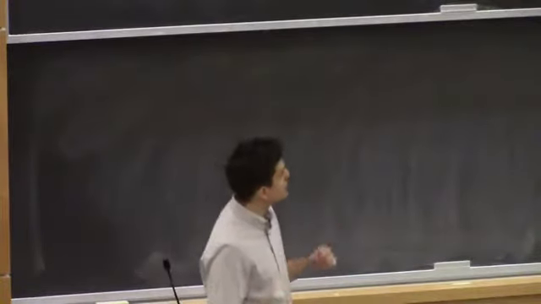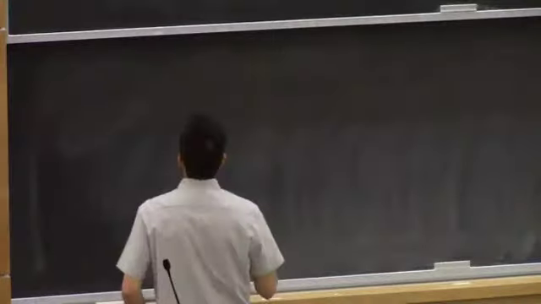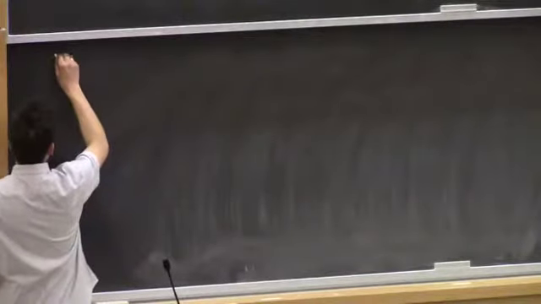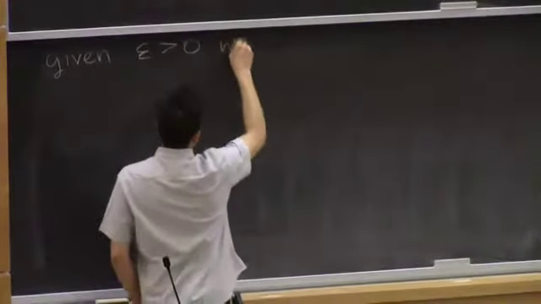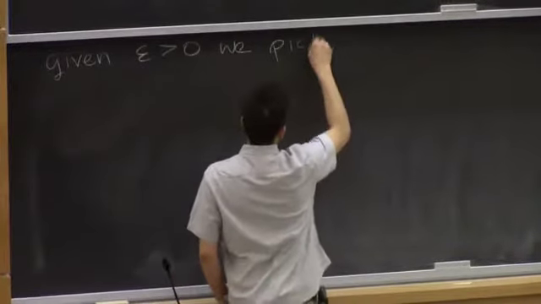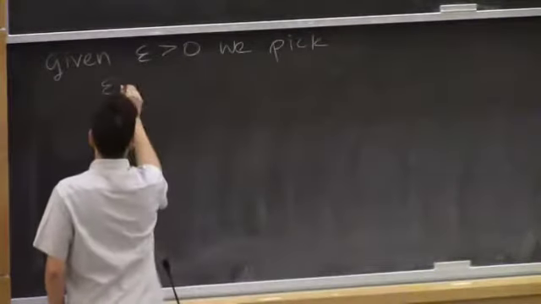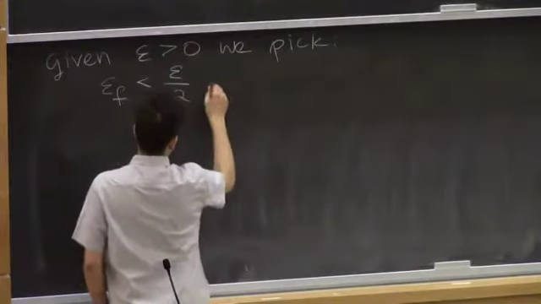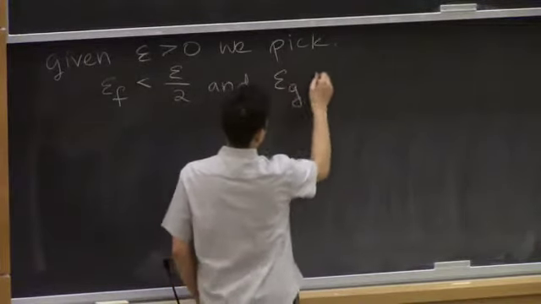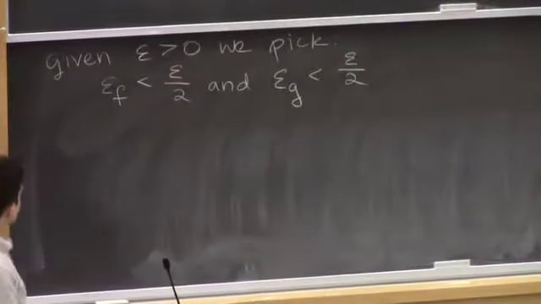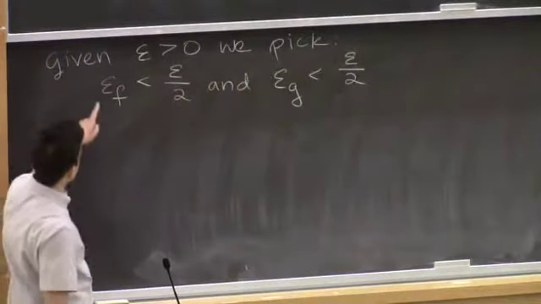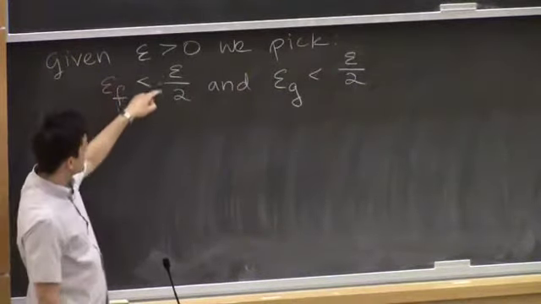Okay, so let's write down sort of the complete or final epsilon delta argument for this limit. So given a positive epsilon, we pick epsilon f to be less than epsilon over 2.